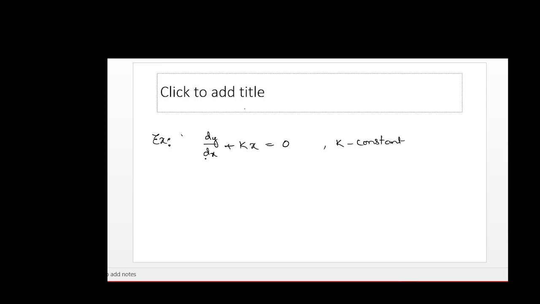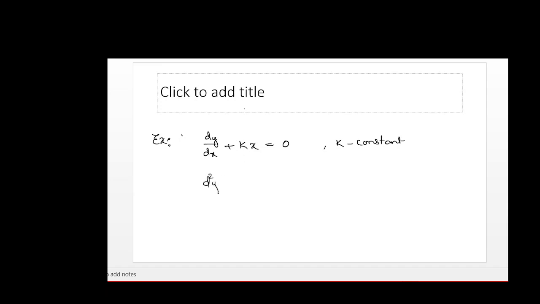Can you see here, dy by dx, there is an expression equal to 0. So it is an equation first of all. And this expression contains a derivative, and some variable and constants. So it is a differential equation.